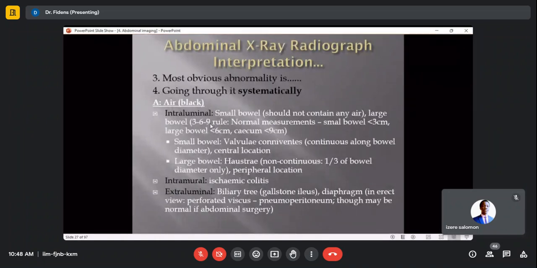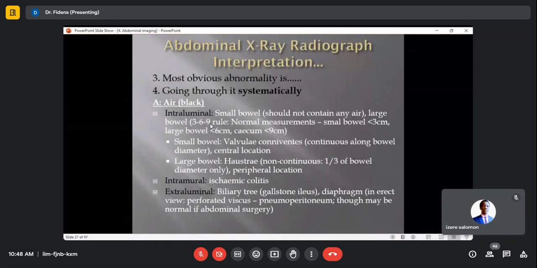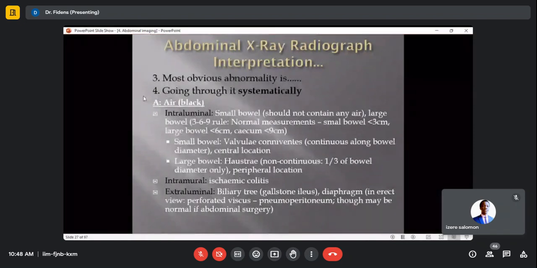When they are beyond, you think of dilatation. That is the 369 rule we use. But normally, if you have a picture of normal anatomy of intestines, just by looking, you see there is a dilatation of the small or large bowel. That's number one, about the size.